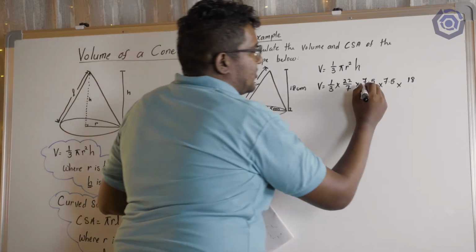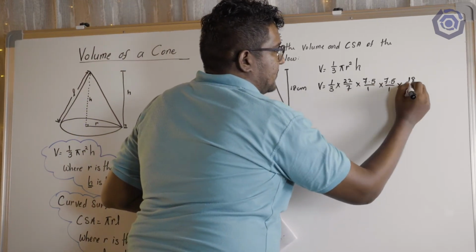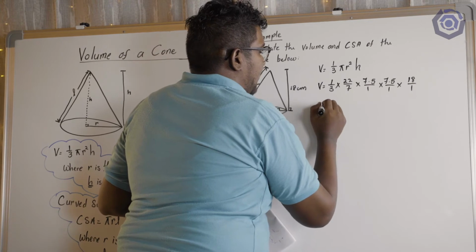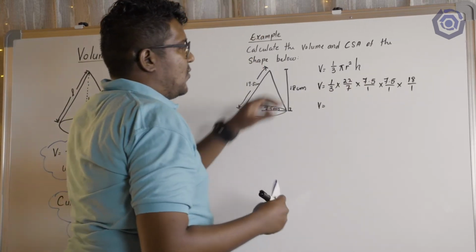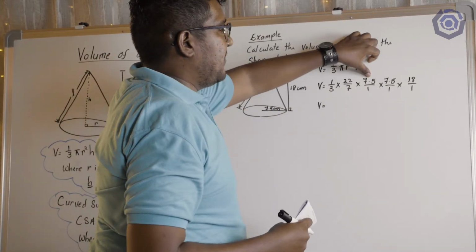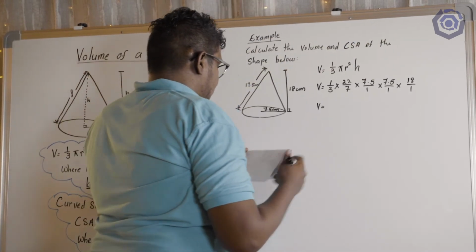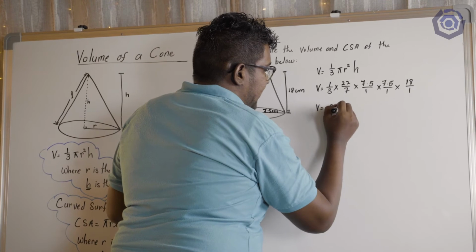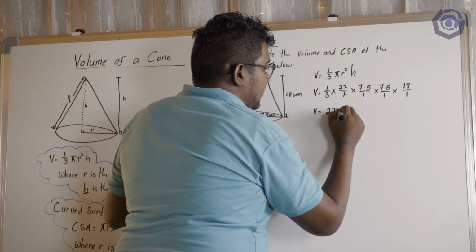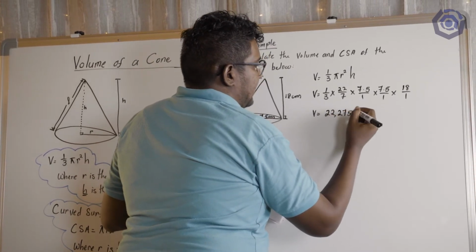So let's make them into fractions. We put them over 1, and then we multiply all our numerators. So 1 times 22 times 7.5 times 7.5 times 18, that's going to give me 22,275.